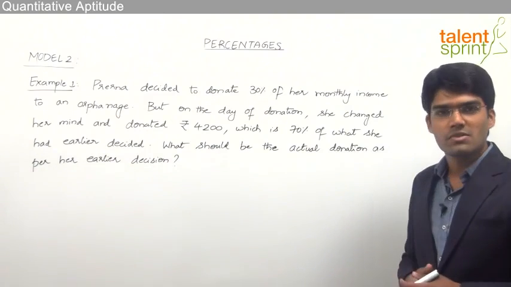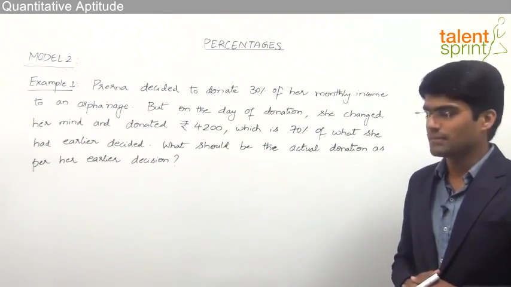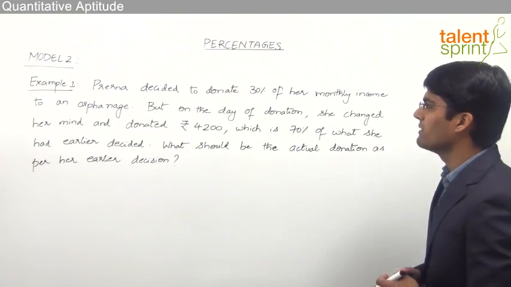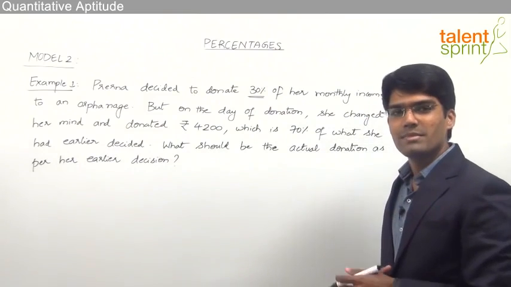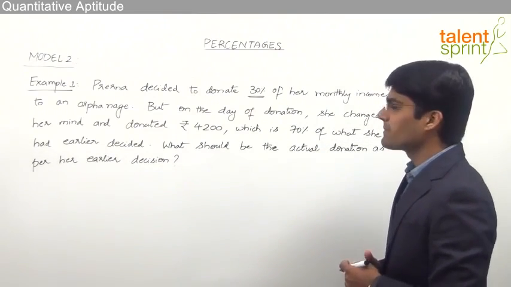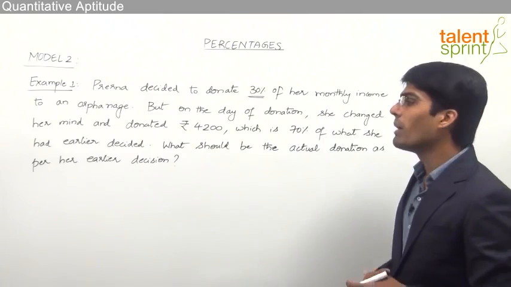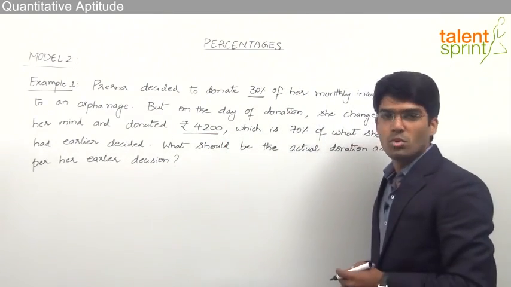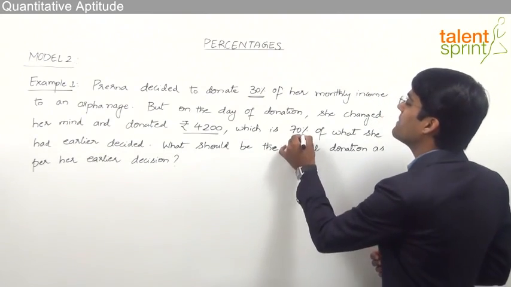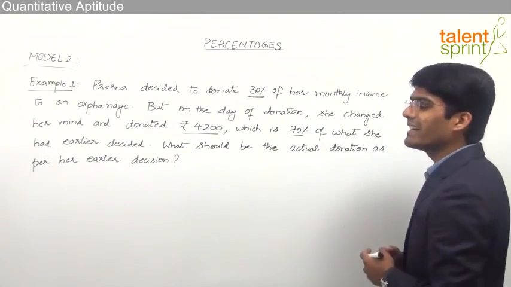So what should be the actual donation as per her earlier decision? Now, as given in the question, Prerna decided to donate 30% of her monthly income. That means her earlier decision to donate was 30%. But on the day of donation, she has donated only 4,200, which is 70% of what she had earlier decided.